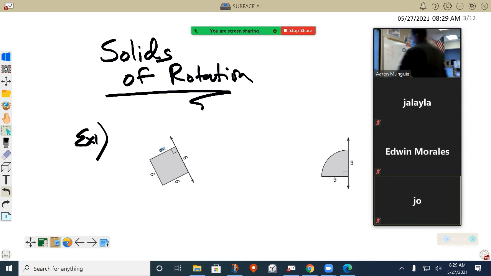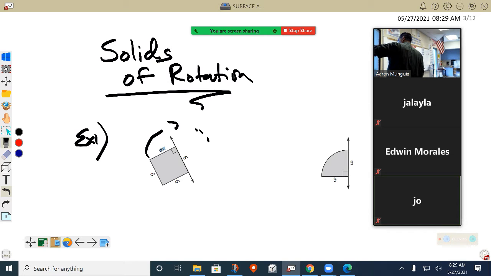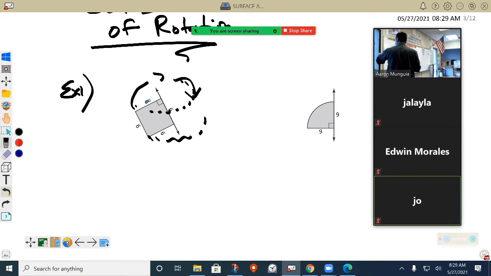Watch. As I spin this around, right? I was spinning it around this way. What was being formed was a cylinder, right? Let me show you.